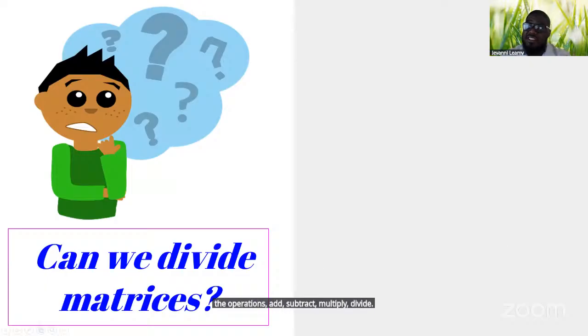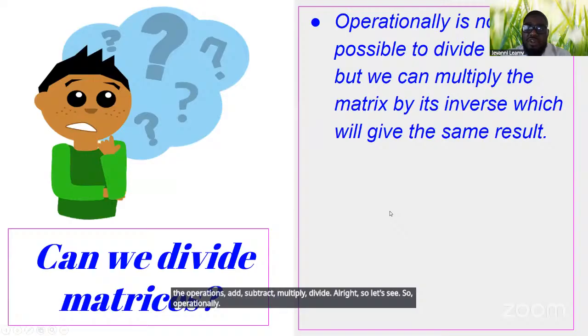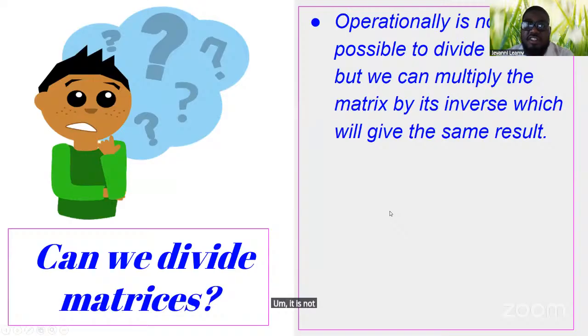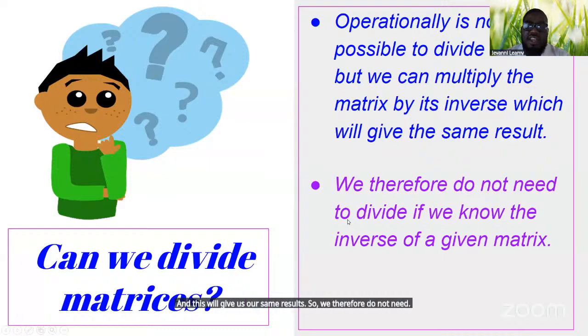So operationally, it is not possible to divide a matrix. But we can instead multiply the matrix by its inverse, and this will give us the same results. So we therefore do not need to divide if we know the inverse of a matrix.